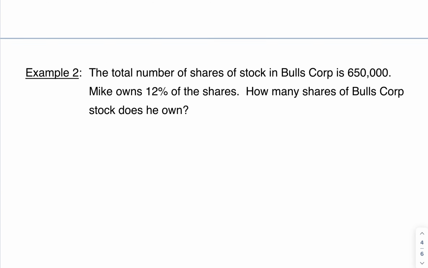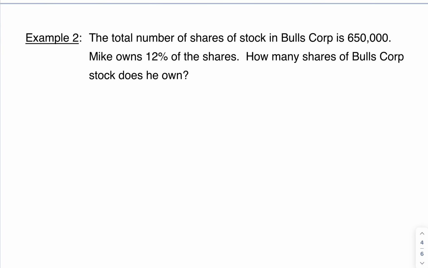All right, so let's go ahead and move on to example 2. The total number of shares of stock in Bulls Corporation is 650,000 shares. Mike owns 12% of the shares. The question here is, how many shares of Bulls Corporation stock does he own? Okay, so the calculation here is 650,000 shares. That's the total number of shares. And we're going to multiply that by 12%.